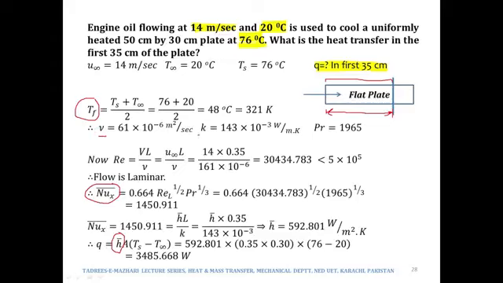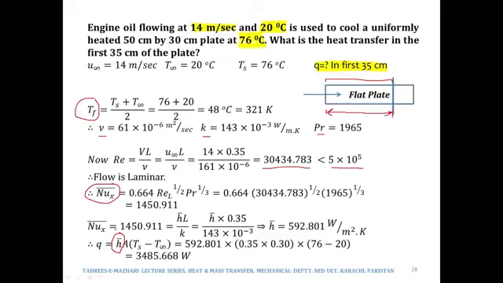So we would get these three values of nu, k and Prandtl number. Reynolds number will come out to be 0.30 exponent 5, which is less than the value of the critical Reynolds number. So the flow would be considered as laminar, and therefore the Nusselt number would be 0.664 Reynolds half Prandtl 1/3.